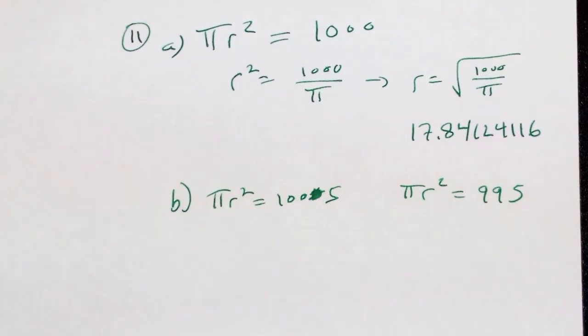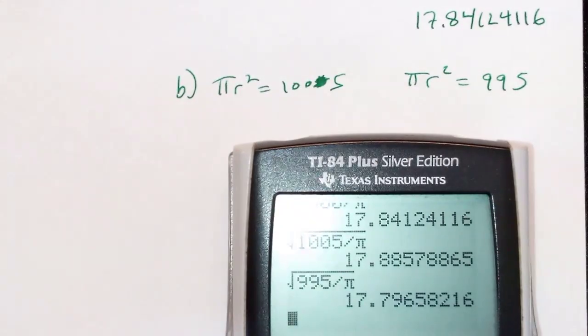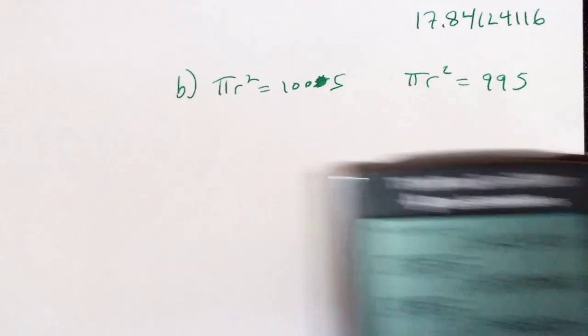The numbers aren't all that hugely different, are they? Again, I'm going to write down all the decimal places.